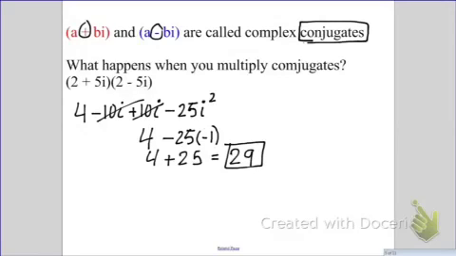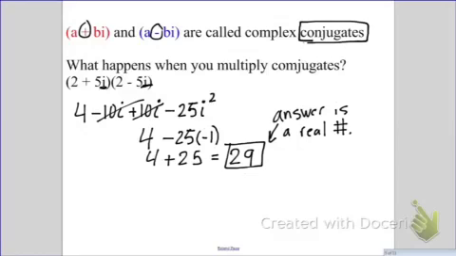So, something to notice right now. When you multiply conjugates, notice what we started with. We started with two complex numbers, meaning that they had i's. But we ended up with a real number. So what happens when you multiply conjugates? The answer is a real number.